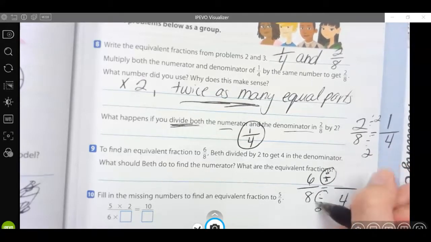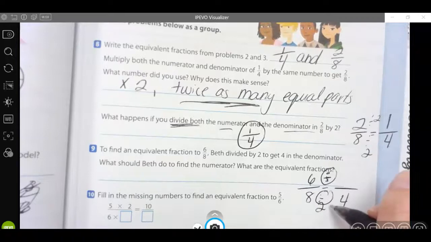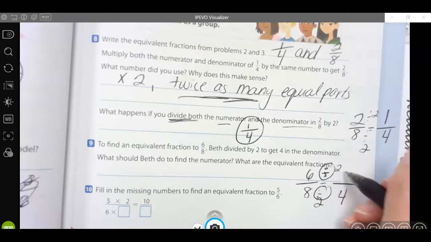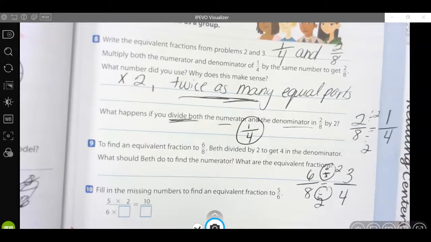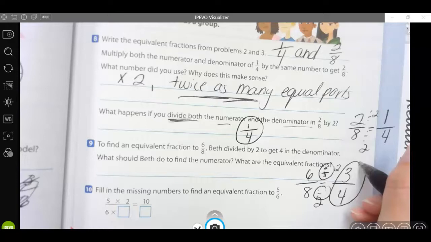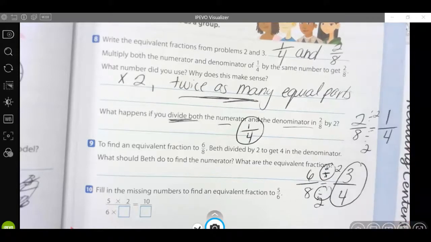Whatever you do to the top, you got to do to the bottom. So if we divided down here at the denominator, you got to divide up here at the numerator. So 6 divided by 2 gives you 3. Okay? So what's the equivalent fraction? The equivalent fraction is 3/4.